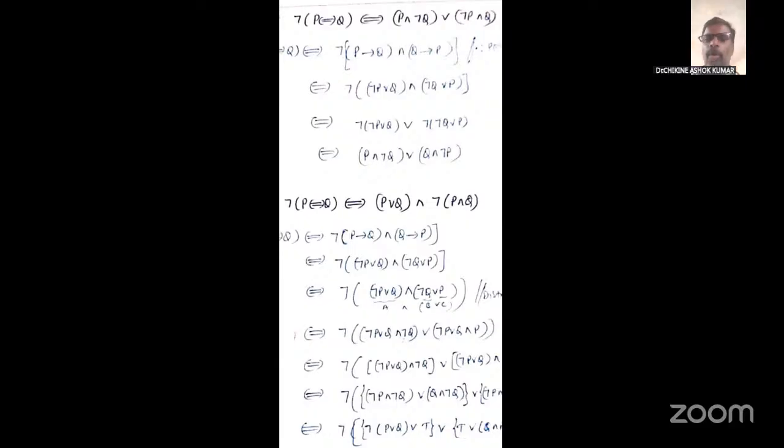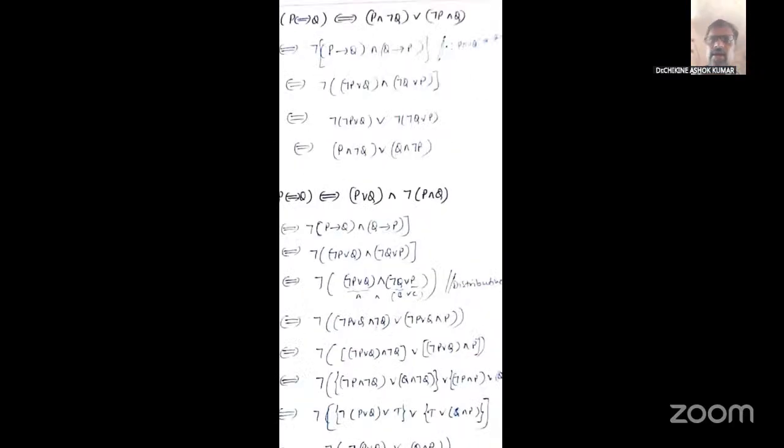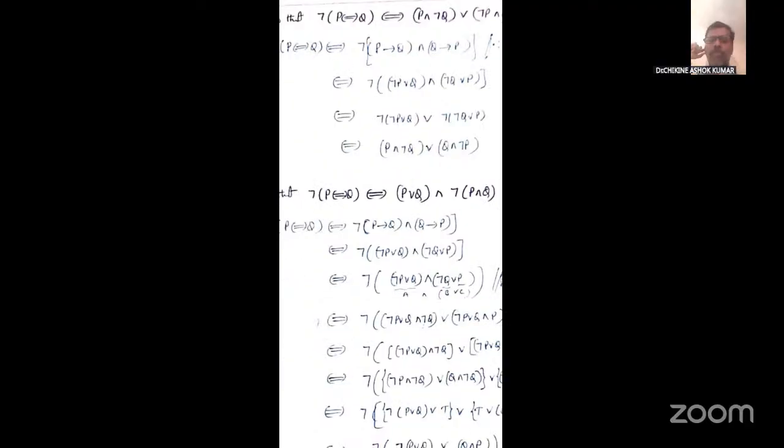So all products I am adding: P intersection negation Q and negation P intersection Q. I'm taking two products and adding these two products with union, that is P intersection negation Q union negation P intersection Q. So negation P double implies Q formula is in terms of product of sums.